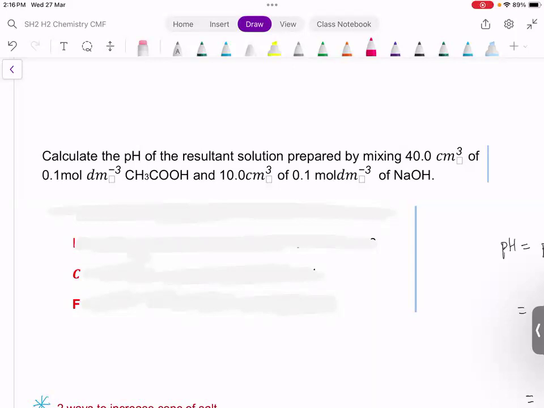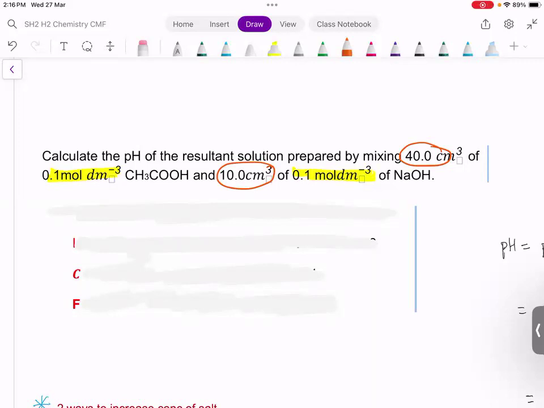You have equal concentration of the base and the acid, but the volume used is different. So they are not added in equal mole. So will they completely neutralize each other? So one is in excess. So who is in excess? The acid. So you have the acid in excess.